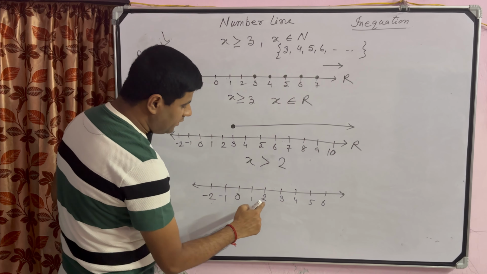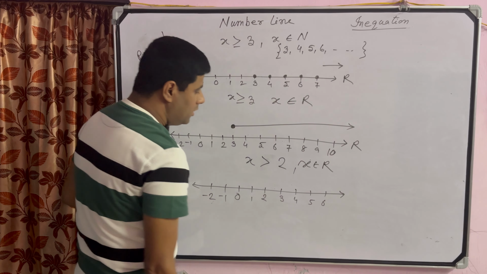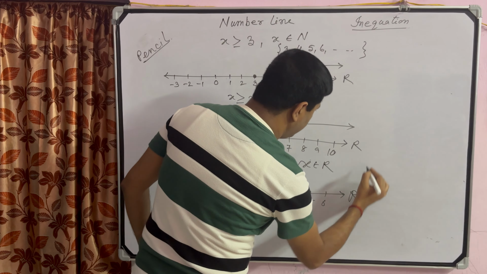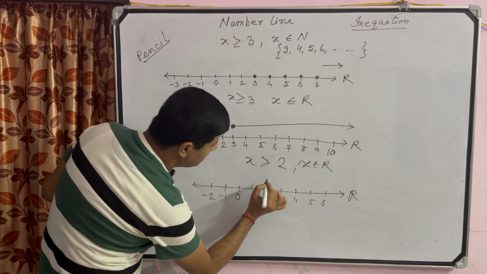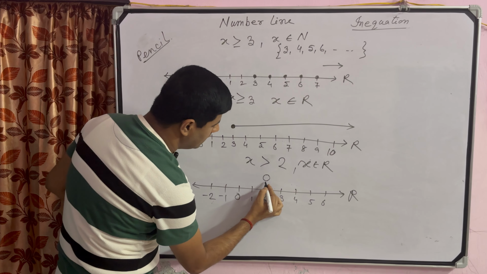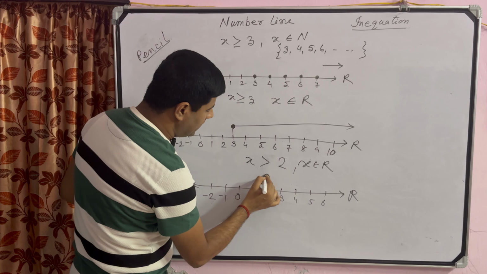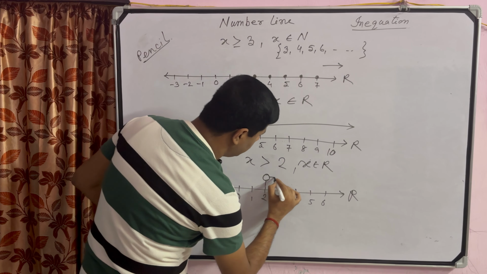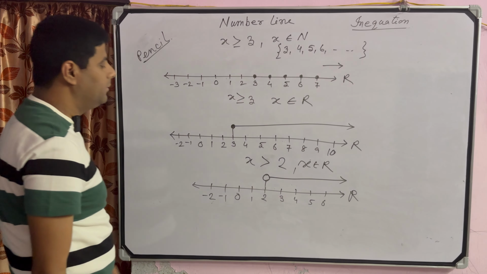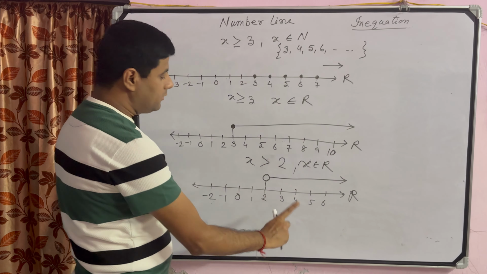But because 2 is not included and x is a real number, we will move something like this. 2 is not included, so we'll put a hollow circle. This means 2 is not included, just above the 2, like I have done at 3 here, but it should be a hollow circle, right? And then I'll put a line to show that it is going unlimited on the right hand side. This means more than 2 but not equal to 2.